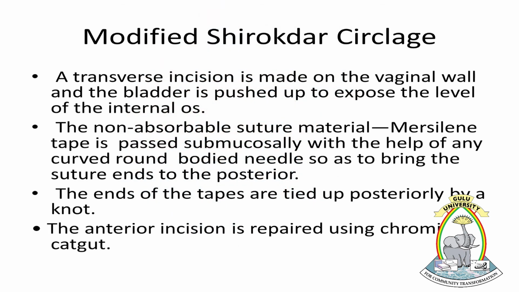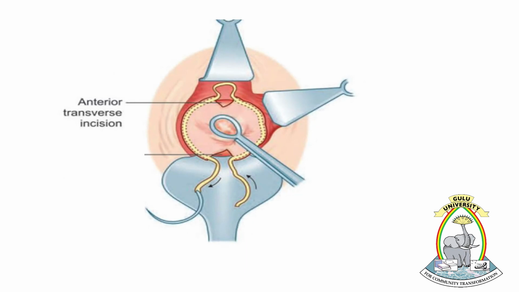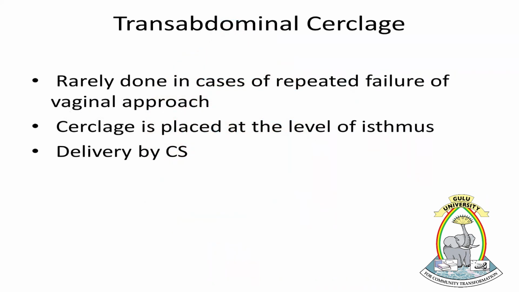Not very important for you now, but it will be good for you to understand them. In Shirodkar, you have to dissect the cervix and bury the sutures below the cervical mucosa.